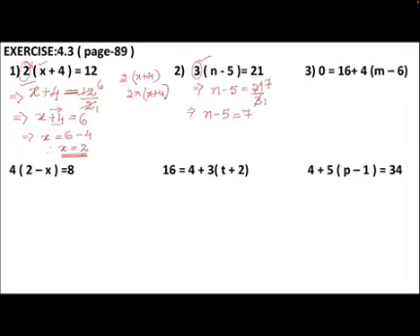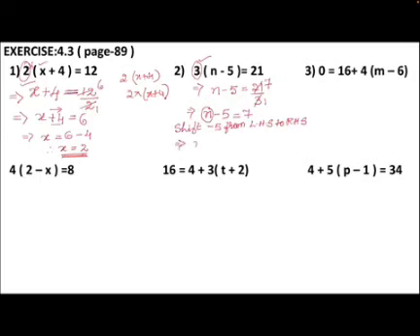Now n is still not independent. So shift this -5. If you want, you can write these sentences, children, for your reference. Shift -5 from LHS to RHS.